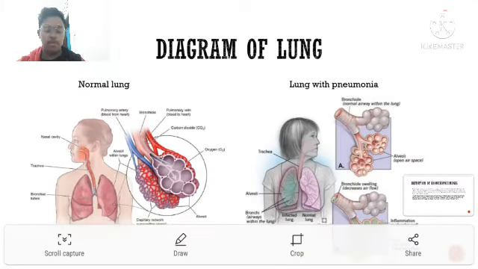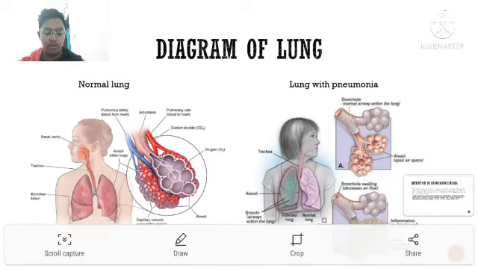So for the diagram of the lung, we can see on the left side the normal lung, which does not have any fluid in the alveoli air sacs. Then the lung with pneumonia, you can see the alveoli or the bronchioles are filled with fluid or pus.